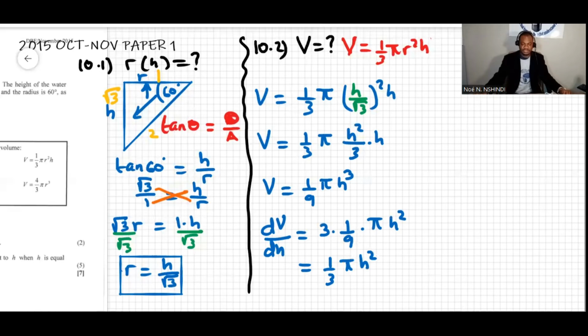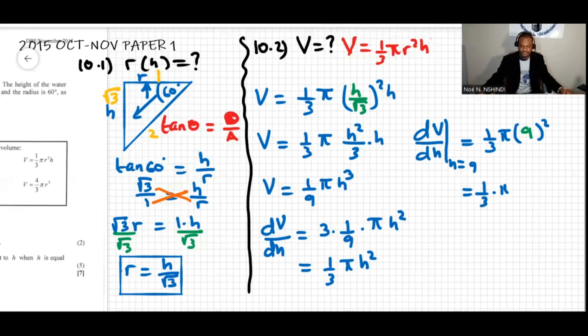Now, the question says that when h has the value of 9, so I can write dV dh when h is equal to 9, this will be 1/3 pi h squared when h is 9. And then this is 1/3 times pi times 81. And 81 divided by 3 is 27 pi. So this is dV dh when h equal to 9.